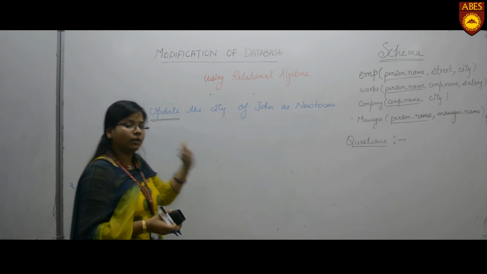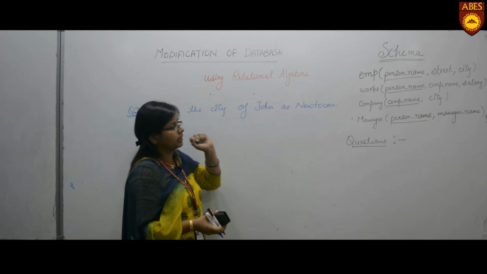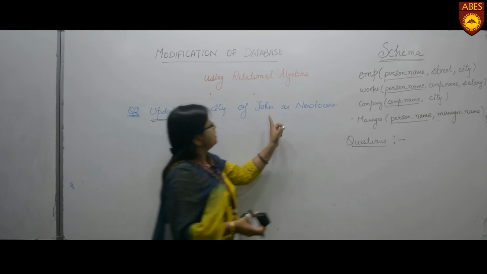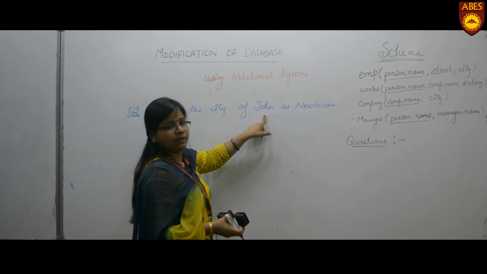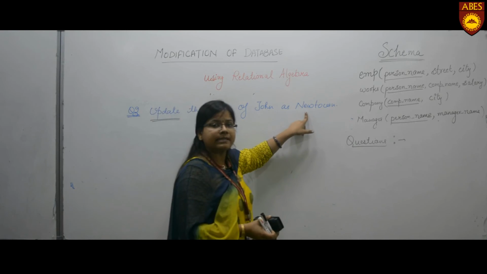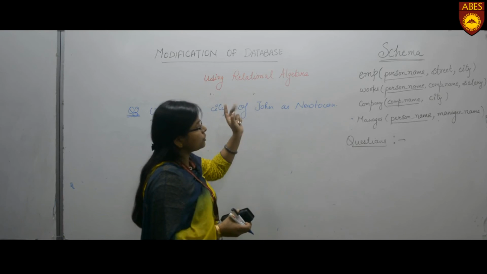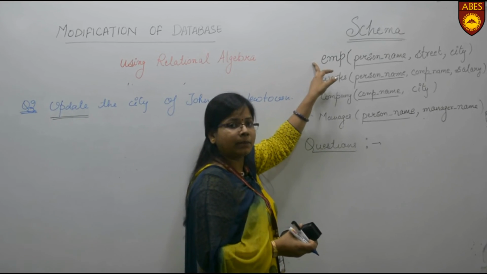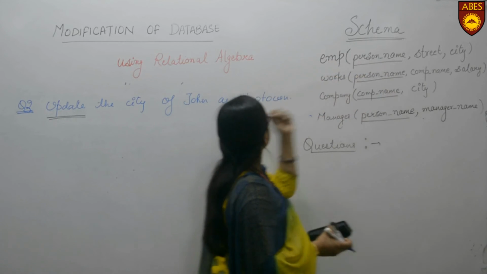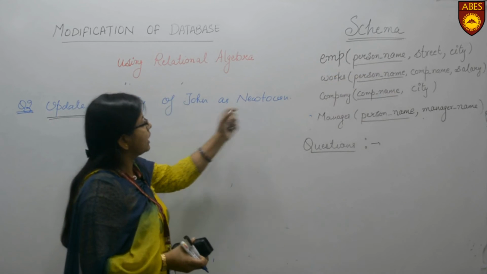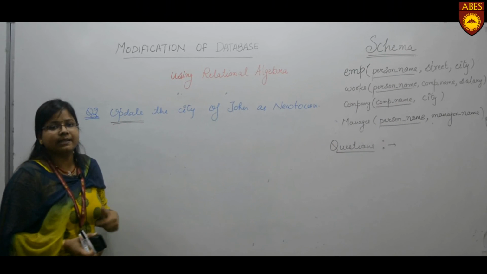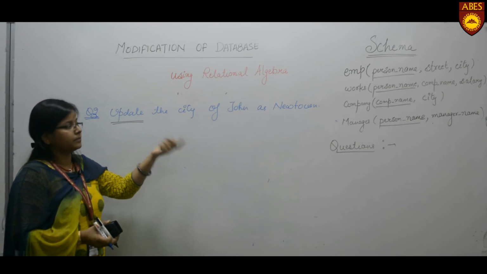So first I need to find out which tuples are going to be affected, and filter out the condition. John is a person name and Newtown is the city to be modified. These two attributes exist in a single table, EMP. Person name is John and Newtown is the city. For the time being, we will consider that John has the city Ghaziabad.